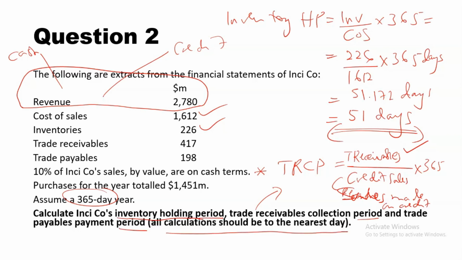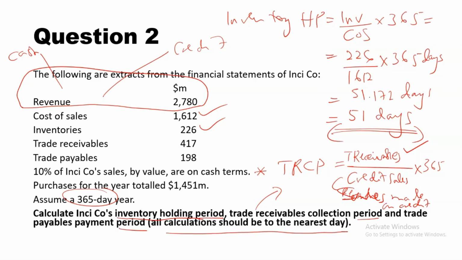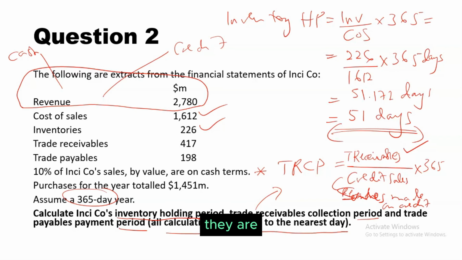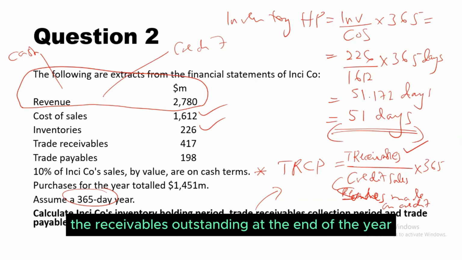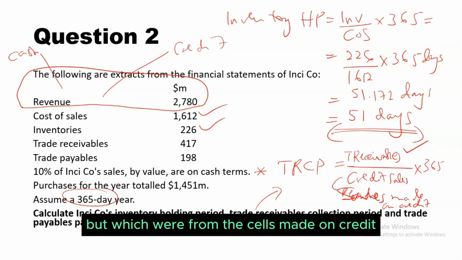At some point they were receivables, but they were cleared. For the purpose of this formula, the receivables, the numerator, are the receivables outstanding at the end of the year, whereas the credit sales, which are the denominator, are part of the revenue figures, but from the sales made on credit.